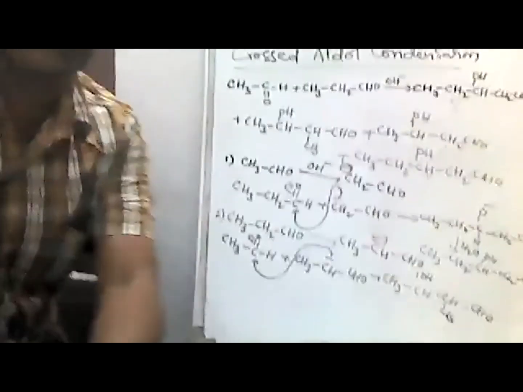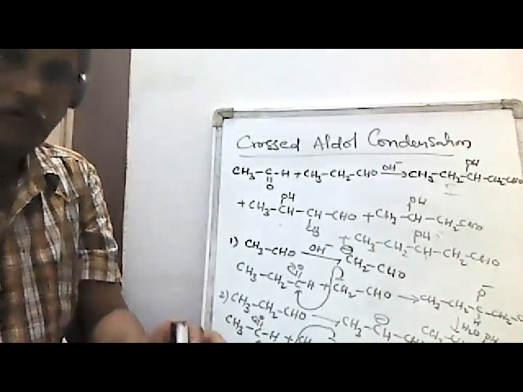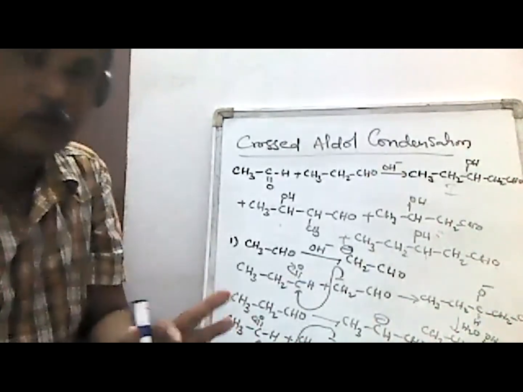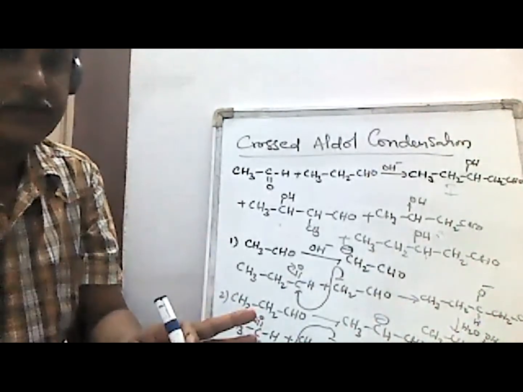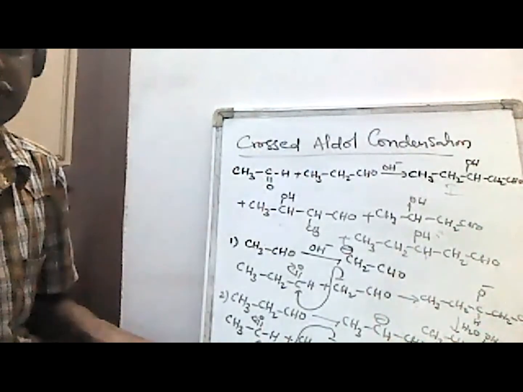So this is regarding crossed aldol condensation. In aldol or crossed aldol condensation, only aldehydes having alpha hydrogen will participate. In aldol, both aldehydes or ketones are the same.